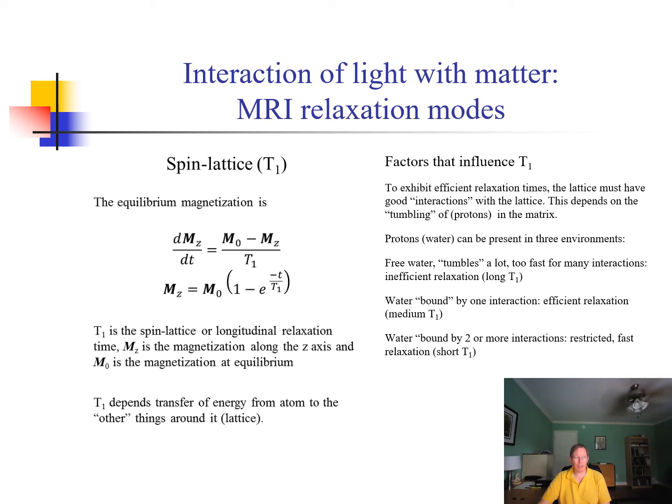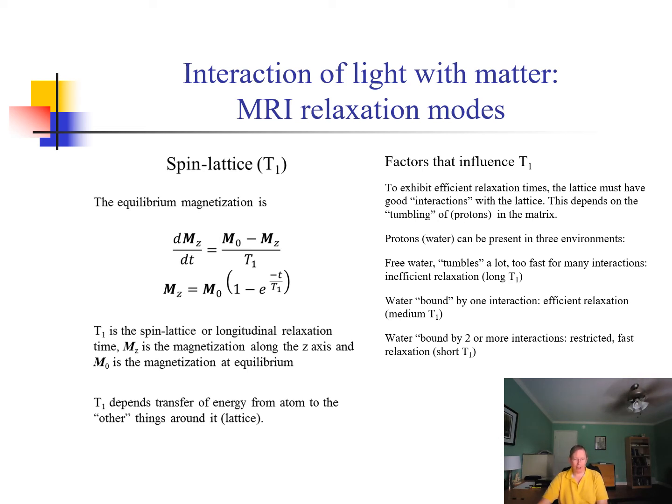But once I try to relax, the spin-lattice relaxation says I'm going to transfer that infinitesimally small amount of energy from the hydrogen atom to the surrounding tissue, the lattice. In order for that to happen, I have to have good interactions to permit that. Those interactions will be the tumbling of those protons in the matrix. So we think about this as things that happen very quickly or very slowly. If I'm a water molecule, which has two hydrogens, there's a lot of freedom of movement.